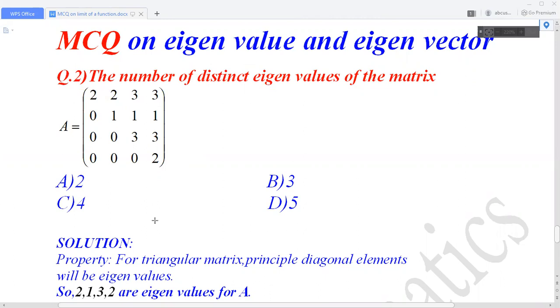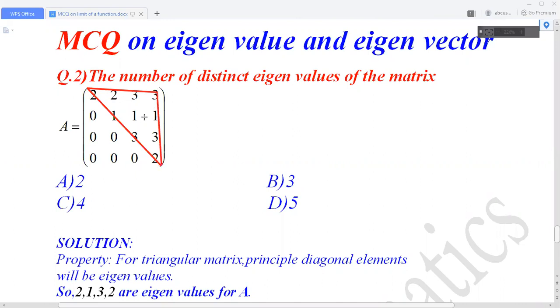It is a square matrix of size 4 by 4, and this is the main diagonal, or we can say the principal diagonal for this matrix A. Here we can easily see that a triangle is formed in the upper part of the principal diagonal.